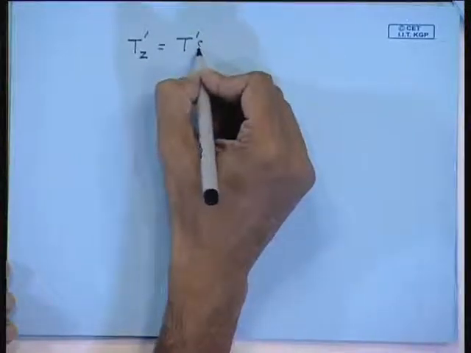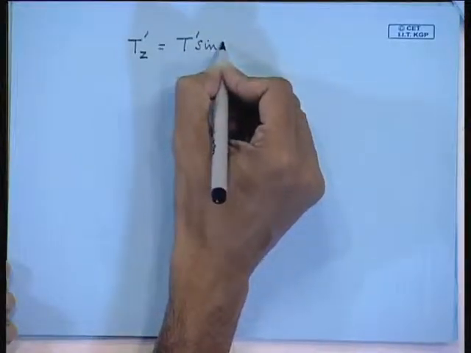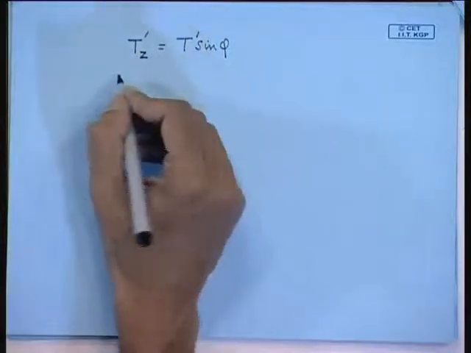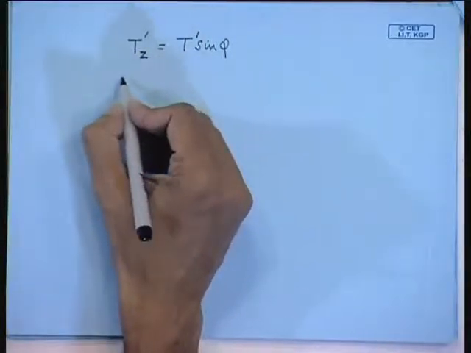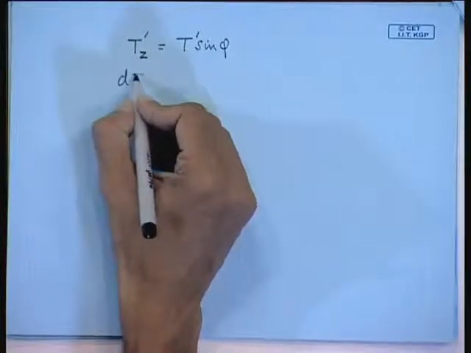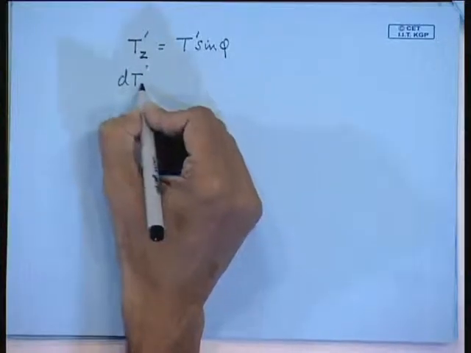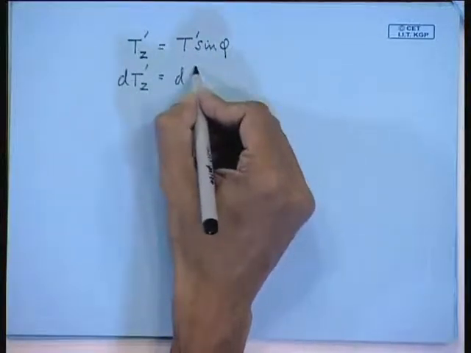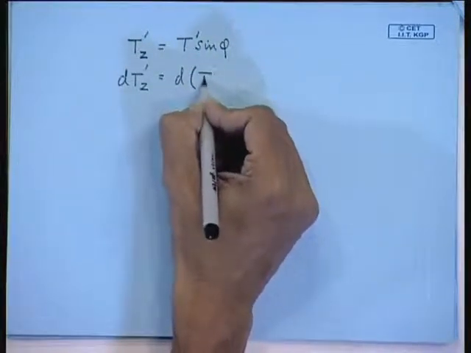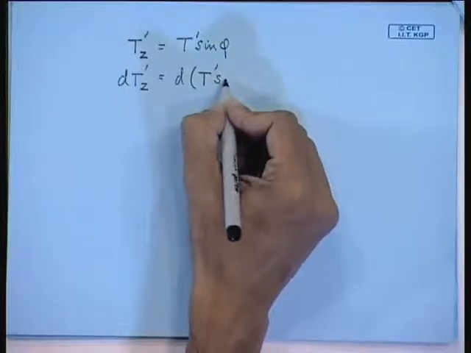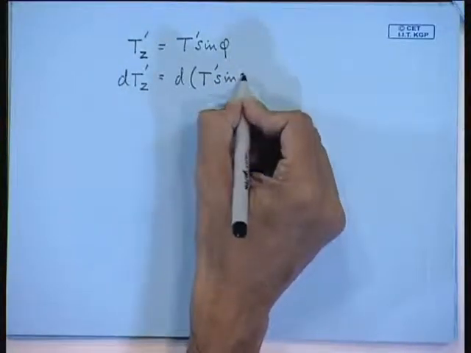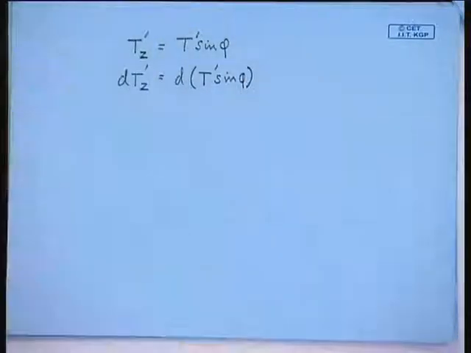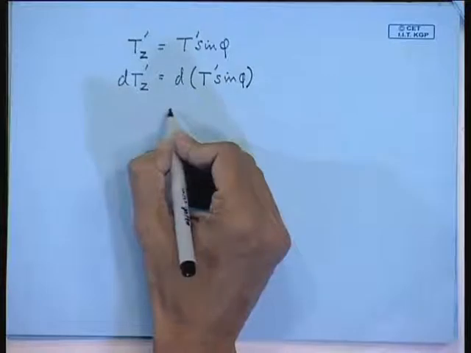T prime sin phi. So this is your equation. Now you differentiate both sides. So d of T prime Z is how much? You find the differential of this expression, that is T prime sin phi. Now, mind you, both are changing, so T prime is not a constant.